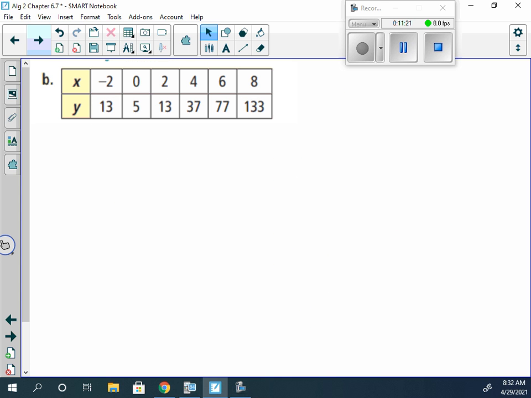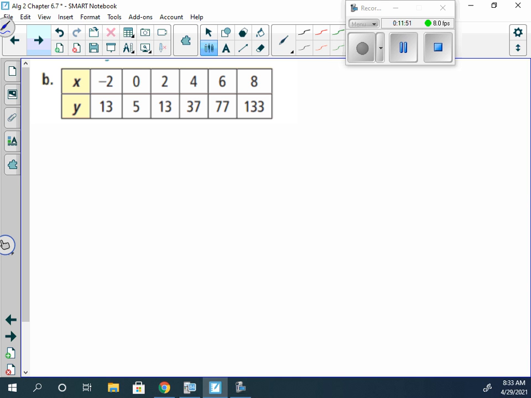Let's look at this one here. This should really be a giveaway that this is most likely not going to be exponential, because it is decreasing and then increasing. When we looked at exponential graphs, they had a curve, but they would either curve up or curve down.